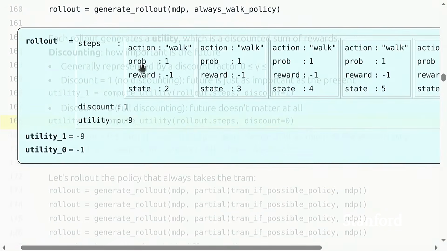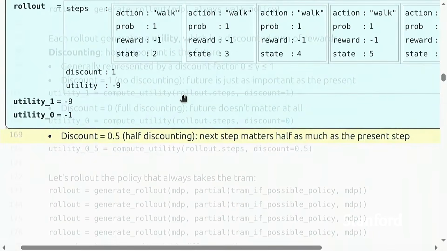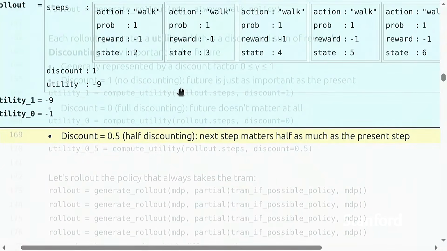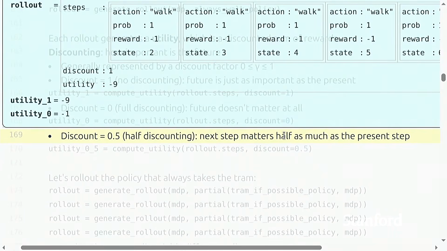And then finally, usually you put the discount as something in between. So if you do half discounting, the next step will matter half as much as the present step. So you might think of this as, $1 today is only worth 50 cents tomorrow.